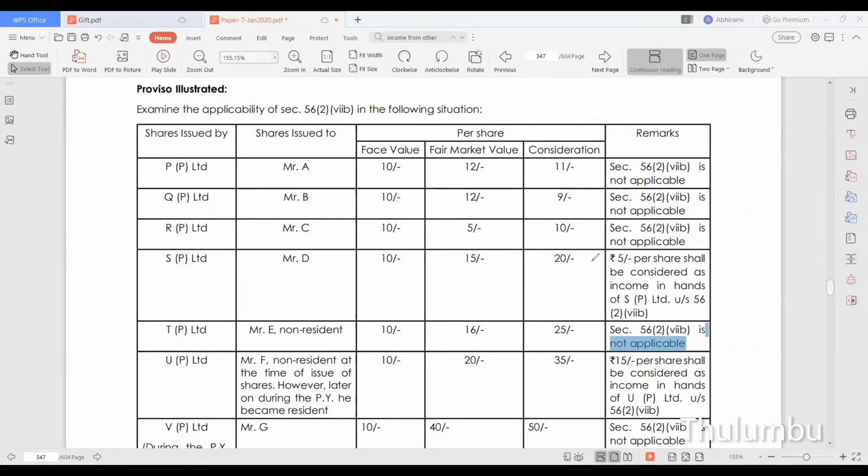So only when, in the first step, consideration is greater than face value. Even if consideration is equal to face value, it cannot be considered.